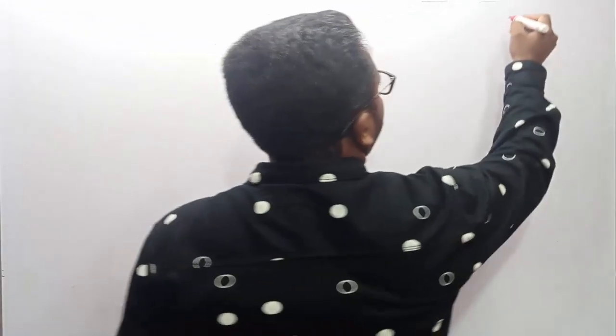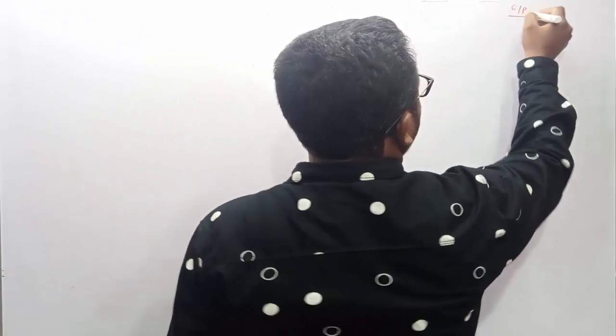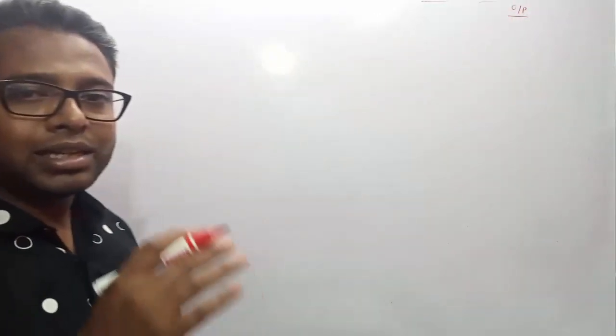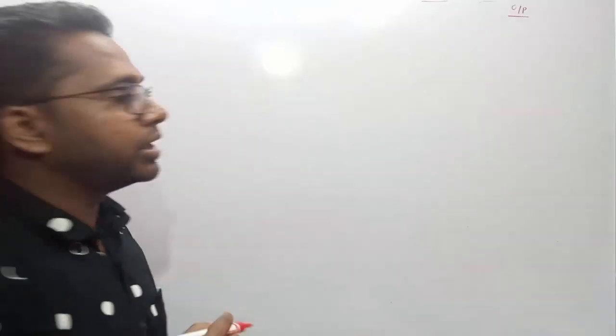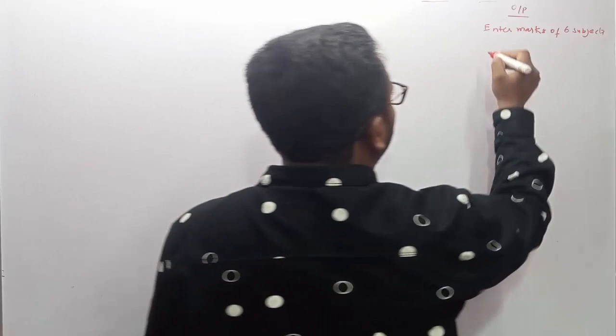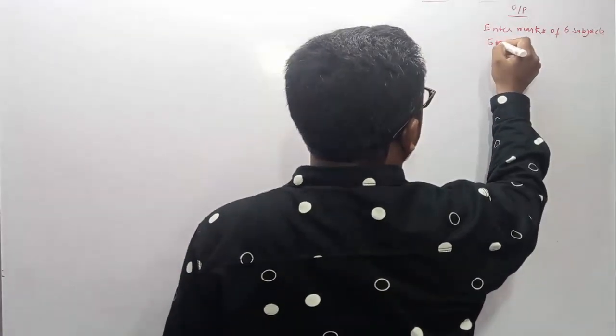Now let us start our program. Let me first write the output of this program. When this program gets executed, it asks the user to enter the marks of 6 subjects. Then the user will enter the marks of 6 subjects like 50, 95.